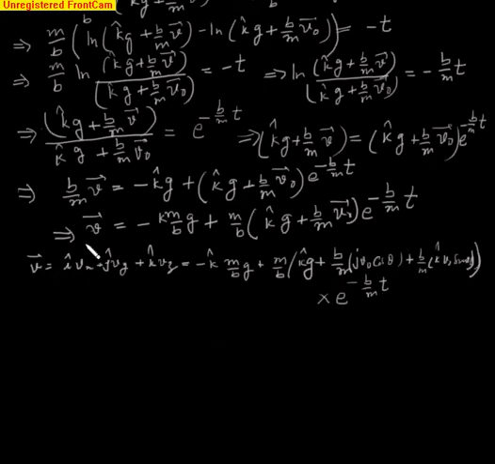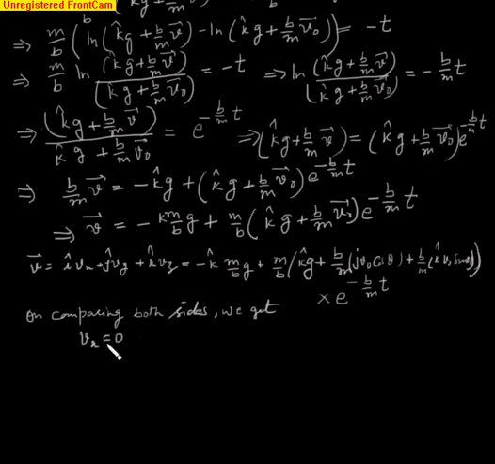Now you see, I have to compare both sides. We should write the x-axis from here, but in the whole equation we don't have any term along the x-axis. Therefore, on comparing both sides, we get that Vx is equal to 0.